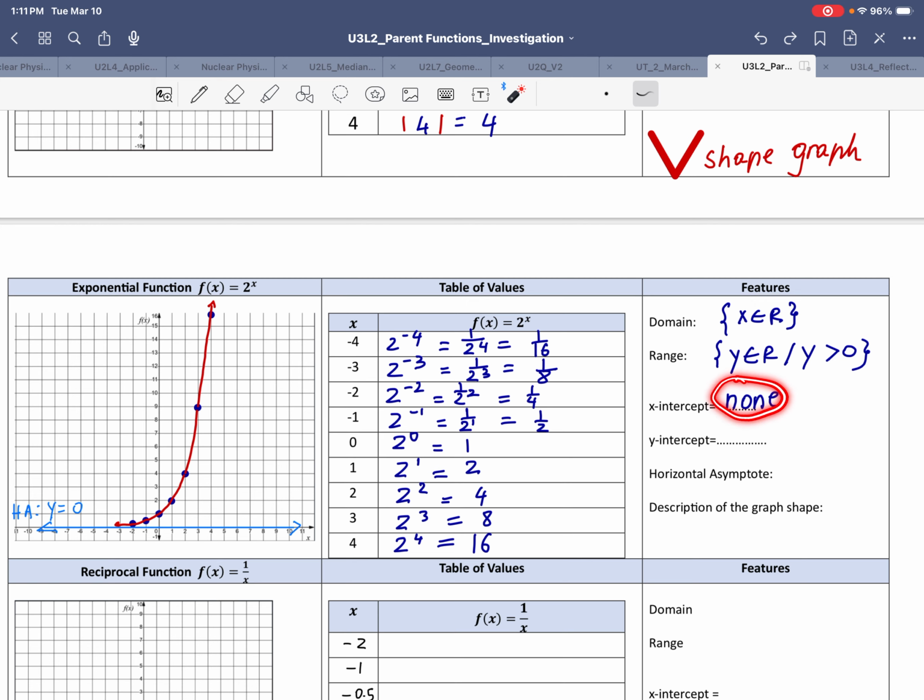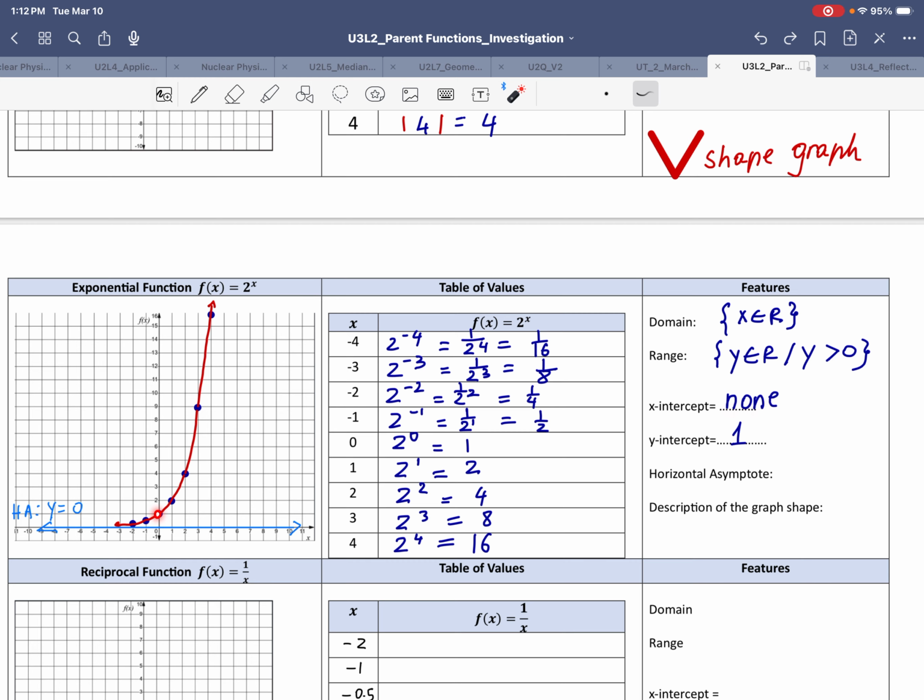Some people like to write 0 in here, meaning that there are 0 x-intercepts. But I encourage you not to use this kind of term, because when we write x-intercept equals 0, the idea that we communicate is that the x-intercept itself has a value of 0, so just write none instead.